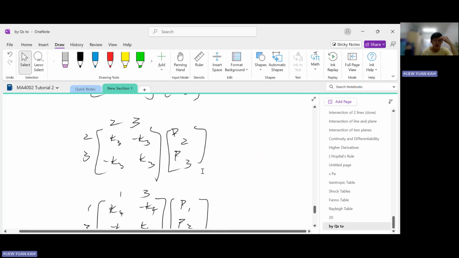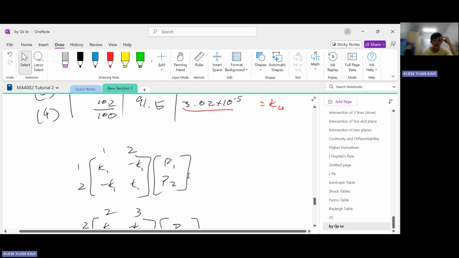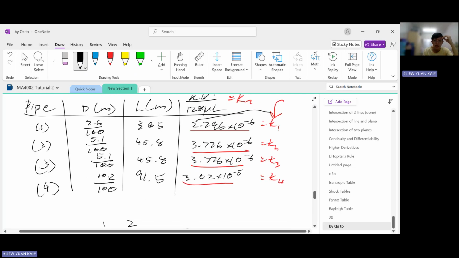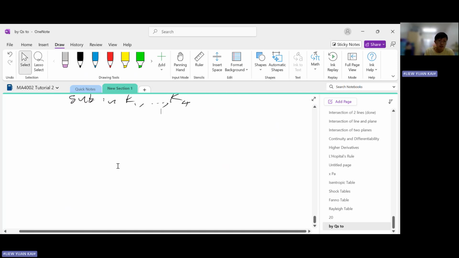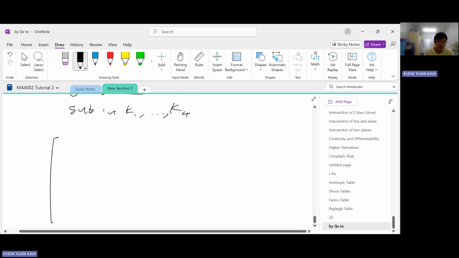So now what you can do is, you see this K1 to K4, you substitute these numerical values into here. So sub in K1 to K4. In the end, you get this very monstrous looking matrix, so let me write it out patiently.